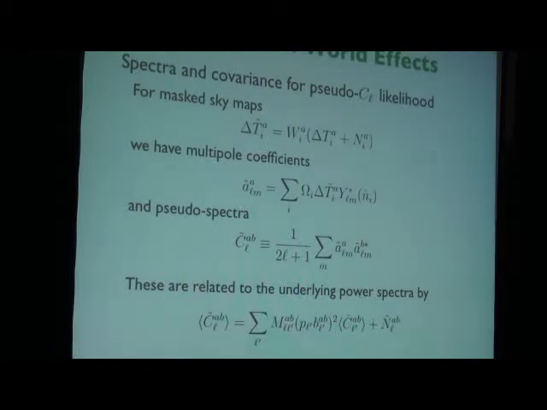The maps that we'll have are the underlying temperature fluctuations or polarization fluctuations plus noise in a given frequency band in a given pixel, and then we might mask them. So we have some weighting. This might be either just 0 or 1, which is what was done by WMAP. You set it to 1 for the pixels you keep and 0 for the pixels you throw away.